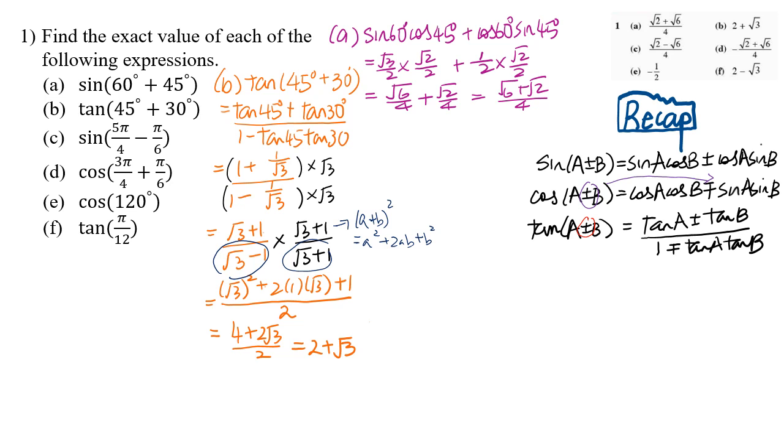Or I think just factorize it, because sometimes you may forget to divide this 2 with this 2 here. Okay. So it's best to factorize it. So 2 divided by 2 gives you 1. That's how you get 2 plus square root 3. Okay, let's look at part C.